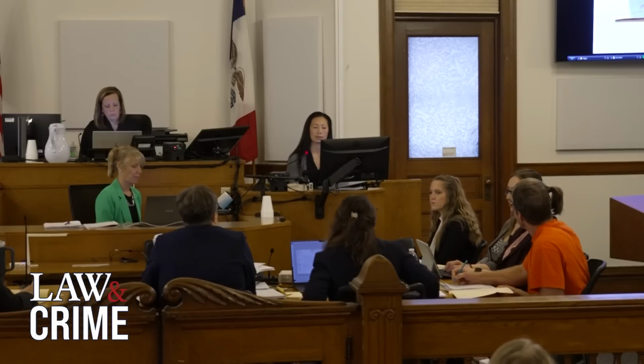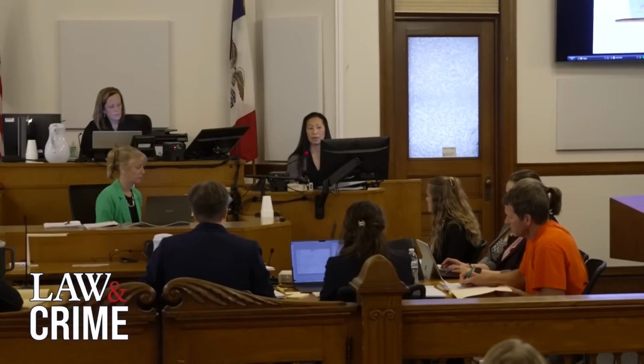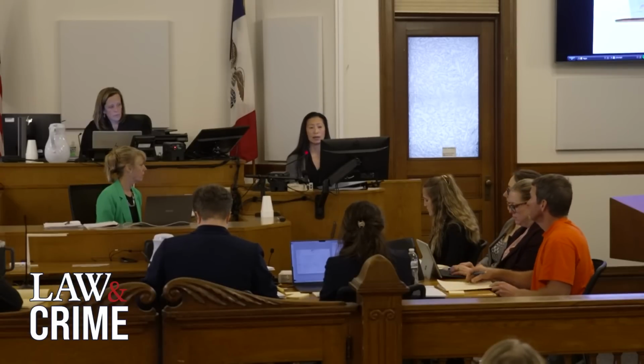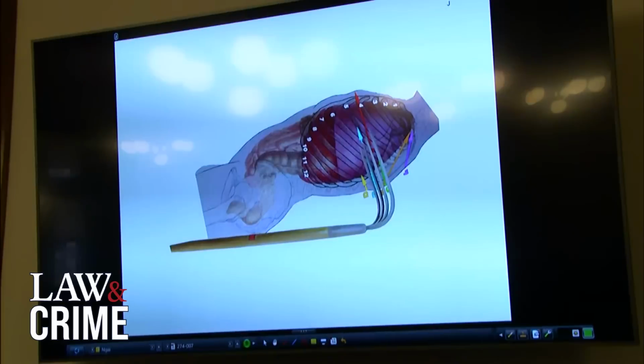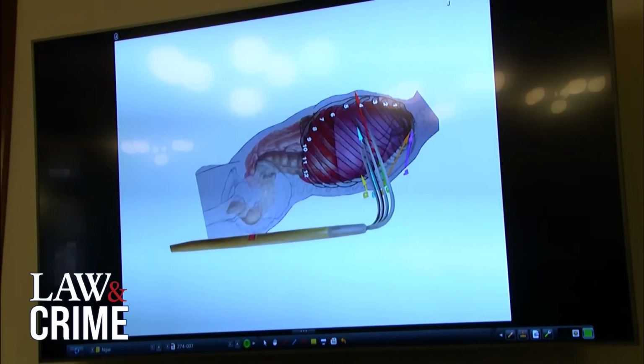Can you explain how you determined that you could not disprove the hypothesis that these injuries were caused by Ms. Mullis falling down onto the rake? So again, we talked about yesterday lining up the rake with wounds A, B, C, and D. We know that A, B, and C occurred first from the analysis that I talked about yesterday.